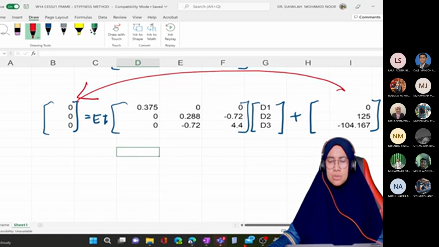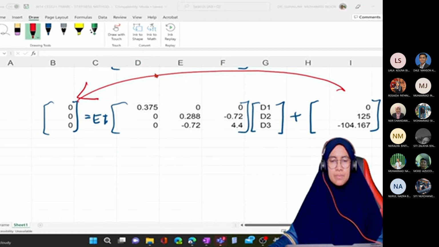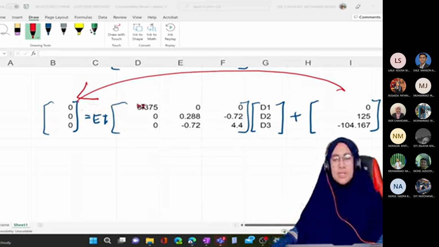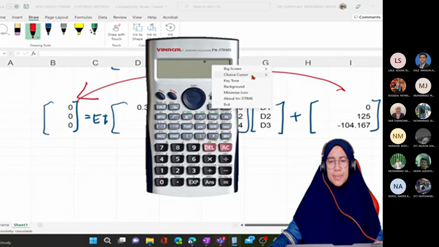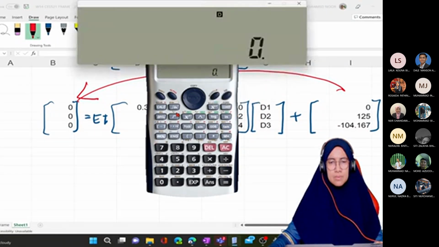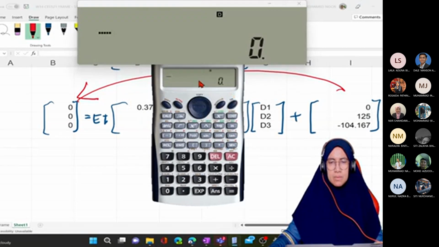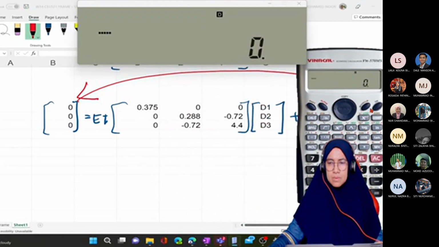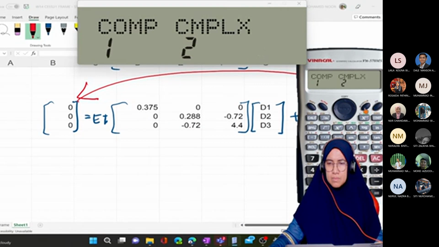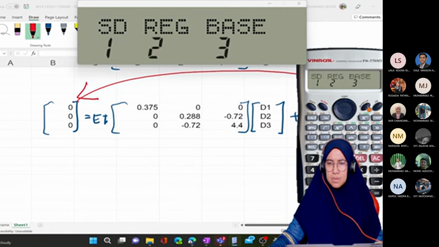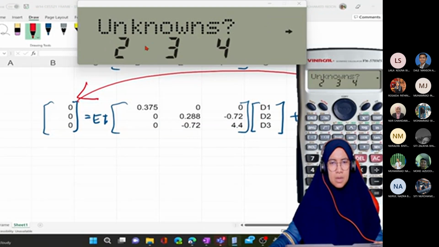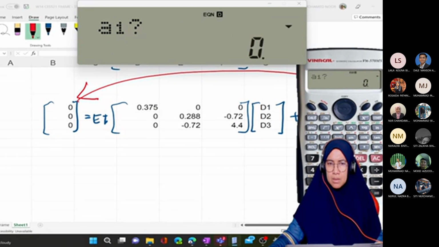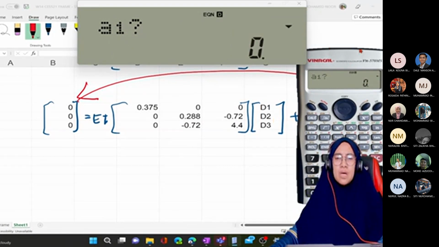So we use 3 simultaneous equations. We have 3 unknowns.